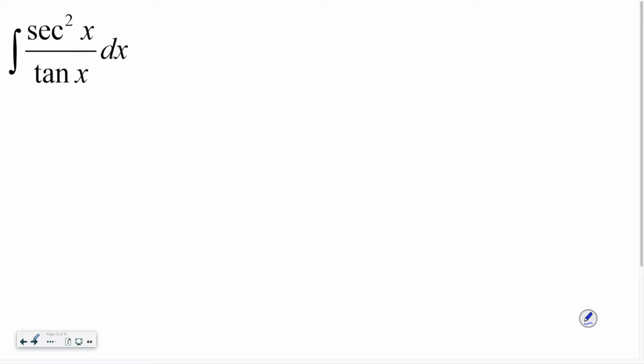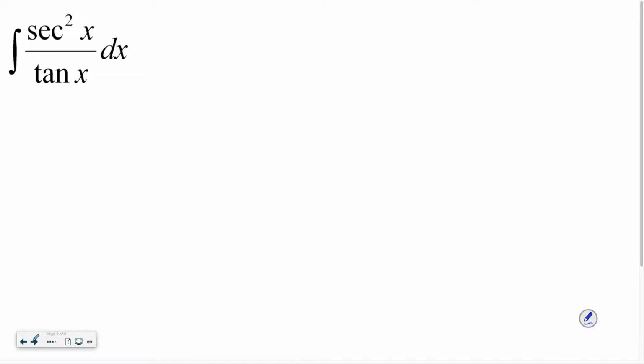All right, so we have secant squared of x over tangent x dx. Do we have a rule for this? Just a straight up rule for secant squared over tangent? Now, we could use some trig identities to rearrange this to see if that could work. Or, what do you notice?